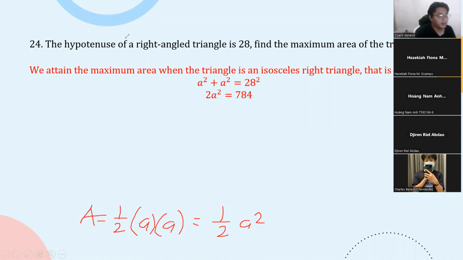So if you divide this by 2, you will have a squared is equal to 392. Now the area is equal to 1/2 a squared, which is 1/2 of 392, which is equal to 196. So that is the maximum area of the triangle, 196.